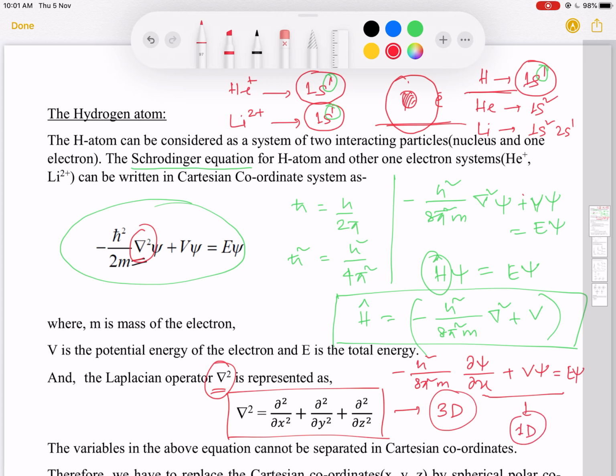Where we use the Laplacian operator, it is in 3 dimensions. And m is nothing but the mass of the electron, V is the potential energy of the electron, and E is the total energy. So this is the basic thing about the Schrödinger equation. We'll be solving this equation for the hydrogen atom.